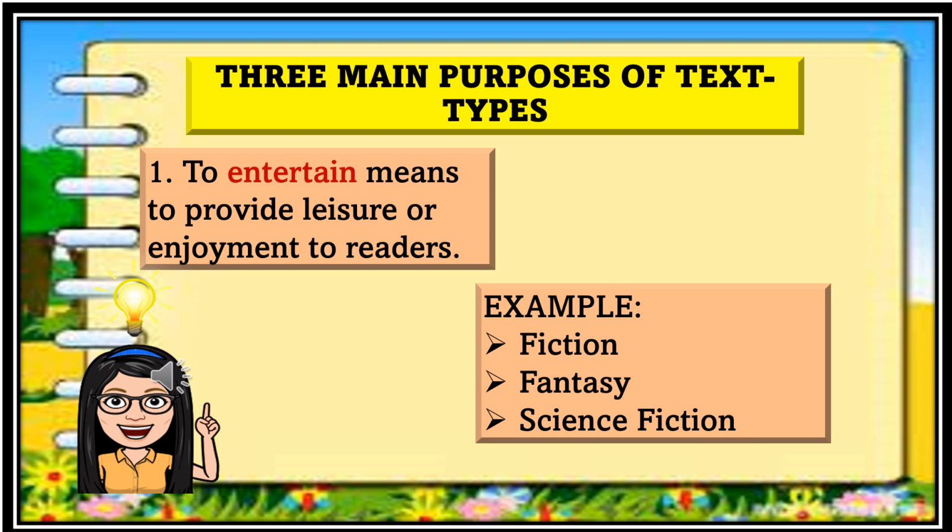And now, let's proceed to the three main purposes of text types. The first one, to entertain, means to provide leisure or enjoyment to readers. So here are the examples. We have fiction, fantasy, and science fiction.